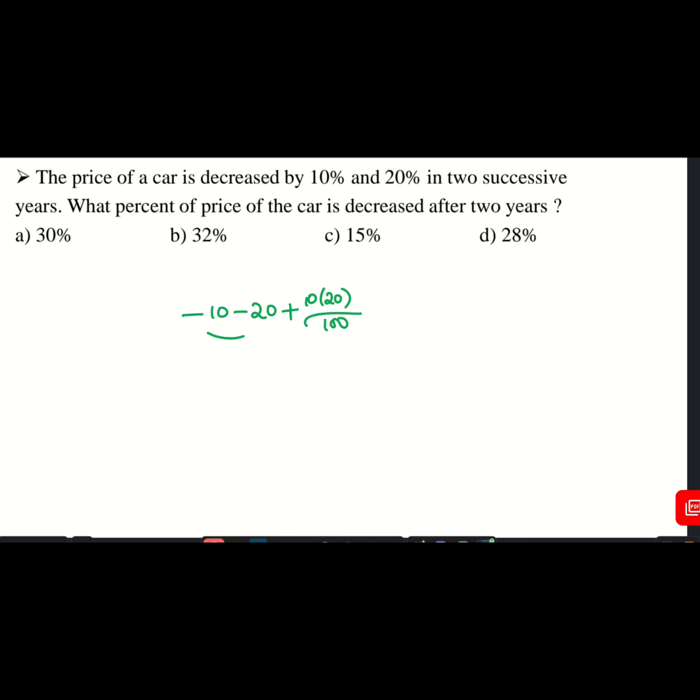That gives minus 30, and the zeros cancel, so 2 ones are 2, plus 2. Minus 30 plus 2 equals minus 28. Minus 28 is nothing but 28 percentage decrease. After 2 years, it is decreased by 28 percentage.